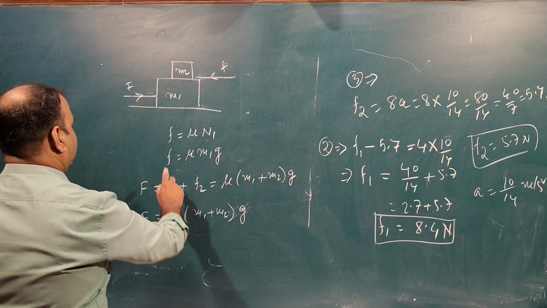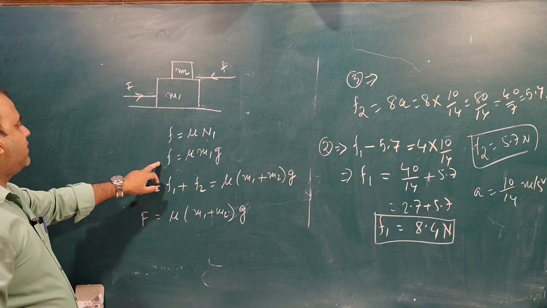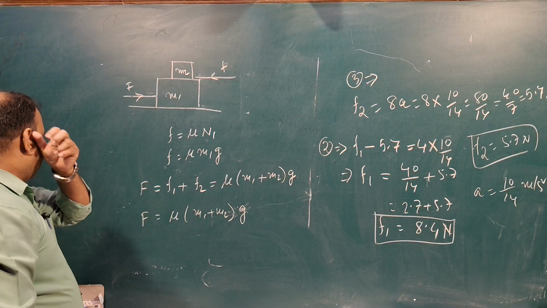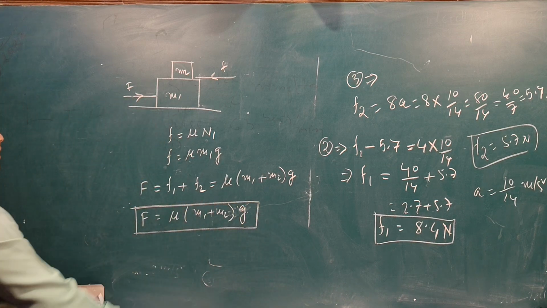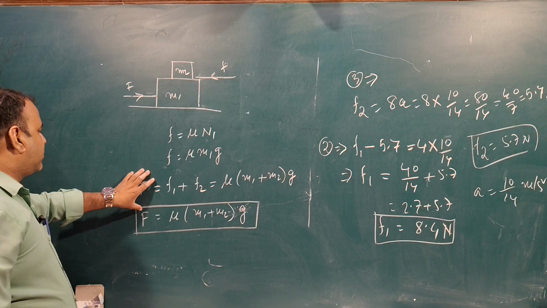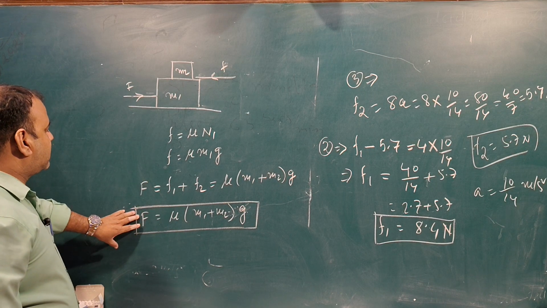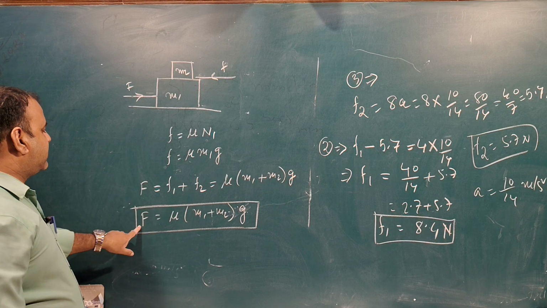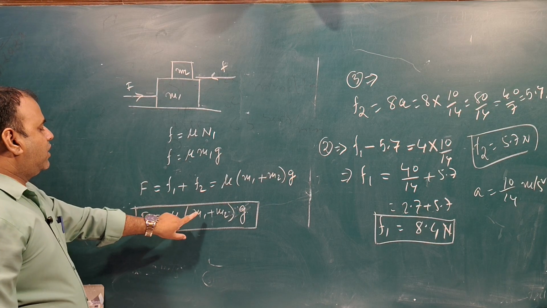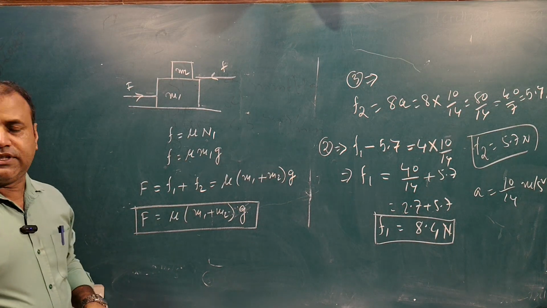So you have to calculate the value first, that means f is equal to mu M1 g, and here the total force will be like this. So this is the idea about the forces, that means these forces will act on the body. So total force will be F is equal to mu (M1 plus M2) into g.